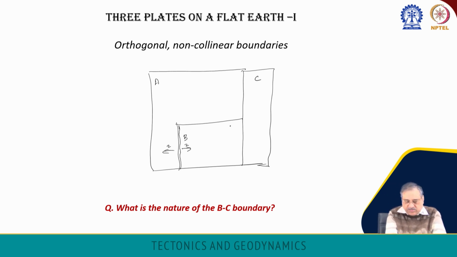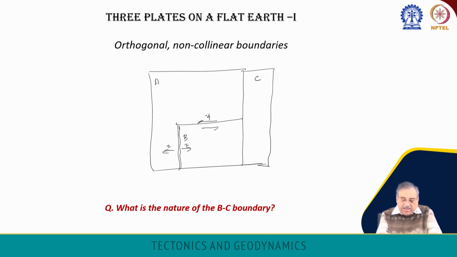As a consequence, this particular segment of the boundary, which is now oriented differently, would now become a transform fault, right, which would be sinistral in nature. It would have a velocity of 4 centimeters per year, moving along here.